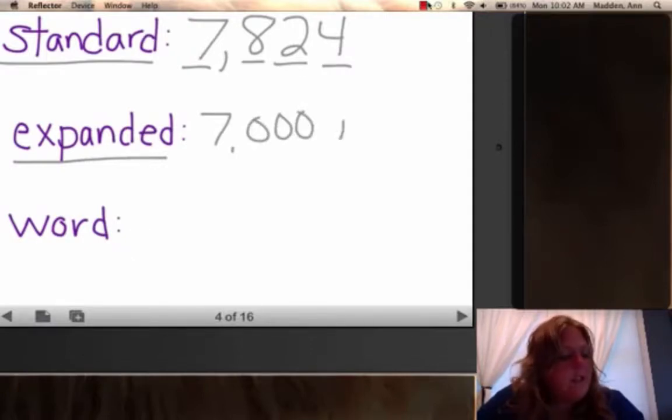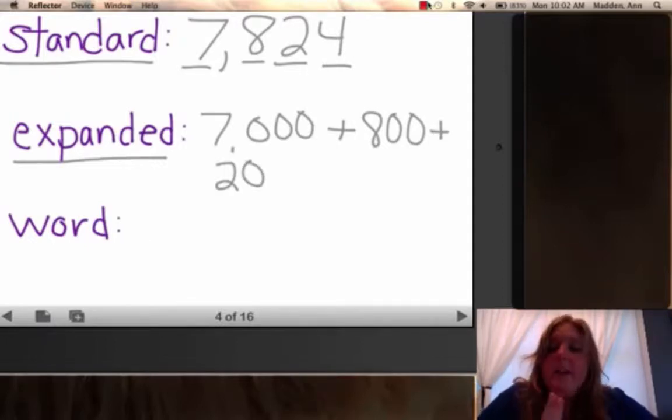The 8 doesn't mean 8, it's in the hundred spot, so it really means 800. The 2 is in the tens spot, and if I had two tens, think about dollar bills, two $10 bills, I'd have $20. And then my 4 in the ones spot is simply just a 4. So the expanded form is 7,000 plus 800 plus 20 plus 4.